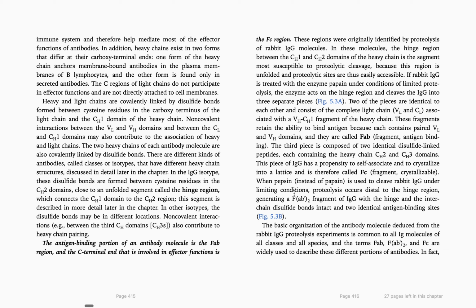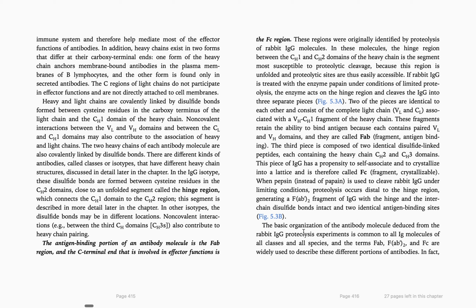crystallizable. When pepsin instead of papain is used to cleave the rabbit IgG under limiting conditions, the proteolysis occurs distal to the hinge region, generating an F(ab')2 fragment of IgG with the hinge and interchain disulfide bonds intact and two identical antigen-binding sites.